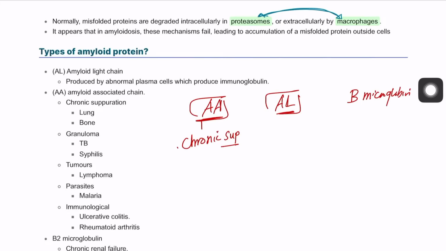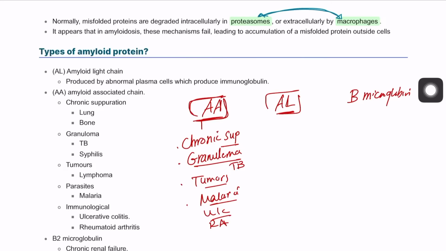So an abscess can lead to that as well, whether it's a lung abscess or osteomyelitis or anything like that. It can happen in granuloma formation, and that happens with TB. It can happen with some tumors, such as lymphoma, and parasitic infections, such as malaria, and also ulcerative colitis and rheumatoid arthritis. So this is amyloid-associated protein, and again, that will deposit in the extracellular component.